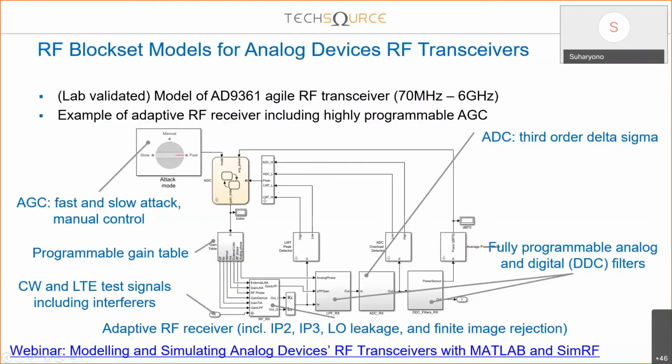This behavioral model that we developed in MATLAB and Simulink has been tested against the real hardware in a lab setup. We validated this model to be a close match between the physical hardware and the model. So if you are working on an SDR platform that uses this RF transceiver, you can directly incorporate this model into your baseband algorithm design.